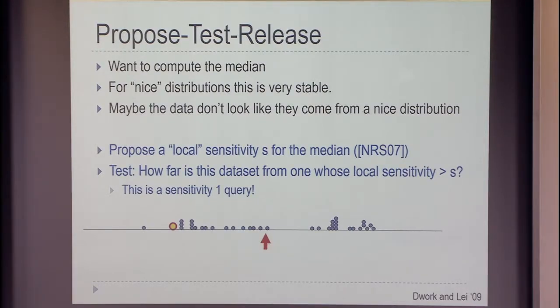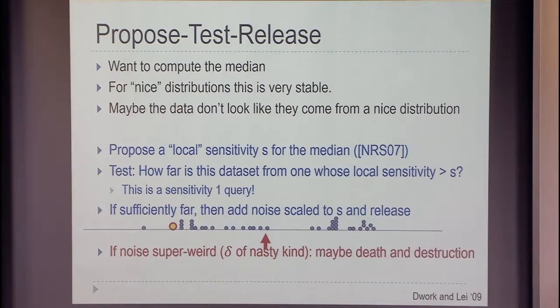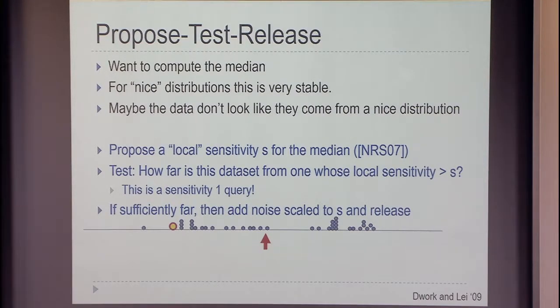If this database is 25 additions or deletions away from something whose local sensitivity is bigger than S, then a neighboring database will be at most 26 away. So we can ask this question, and if the response that we get back says you're really far from a nasty data set, then we just add noise that's scaled to S, and we're fine.